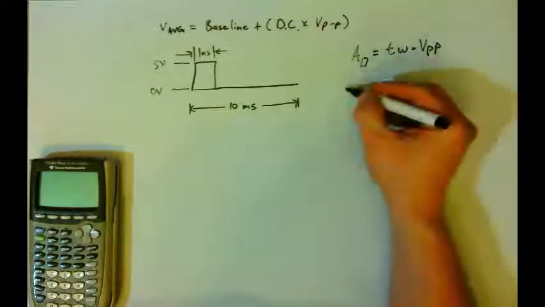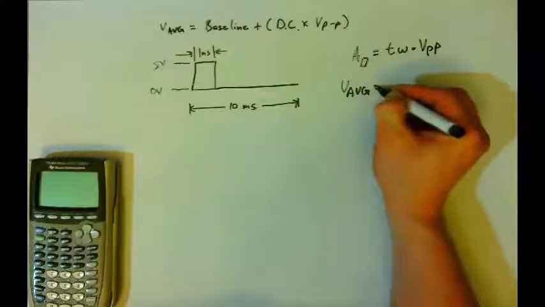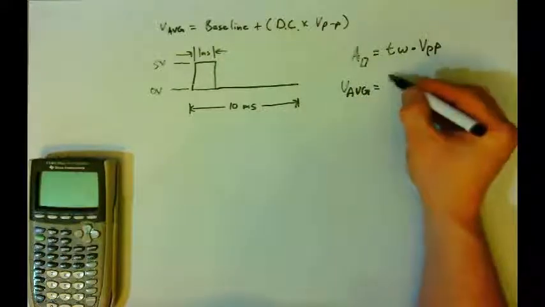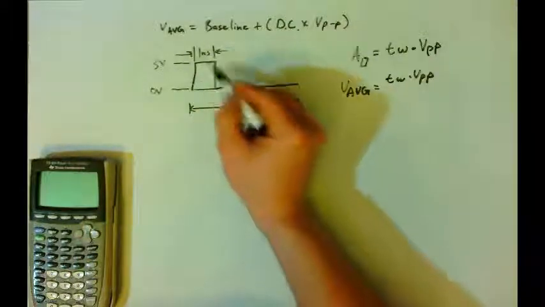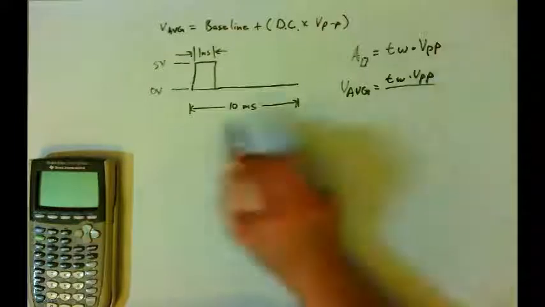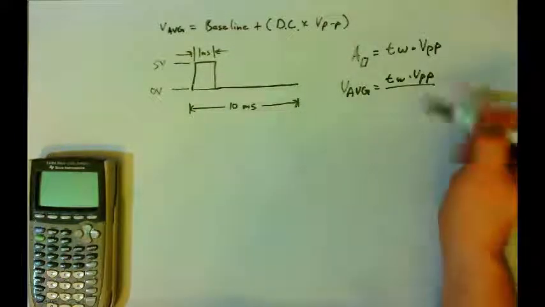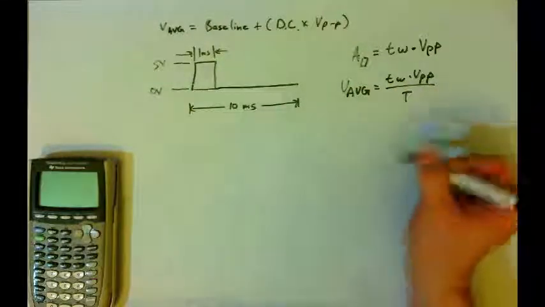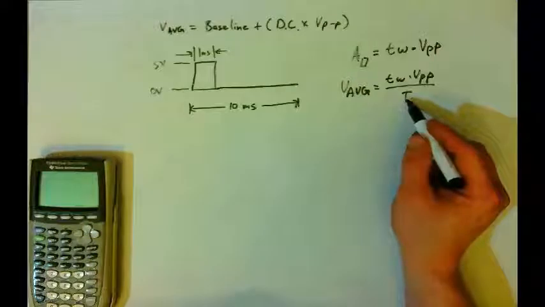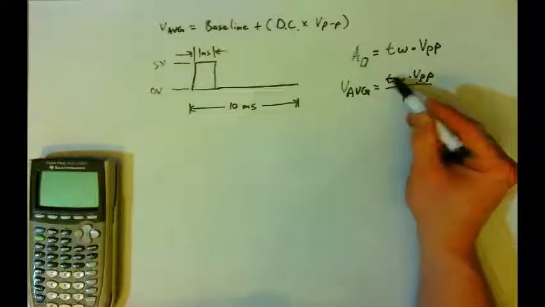And so the average voltage would be the pulse width times the peak-to-peak voltage, which is the area of the rectangle, divided by the period of the whole cycle. So that's going to average this voltage out and spread it out evenly. And so if you look at this formula that I've written here, TW over T, well, that's the duty cycle.